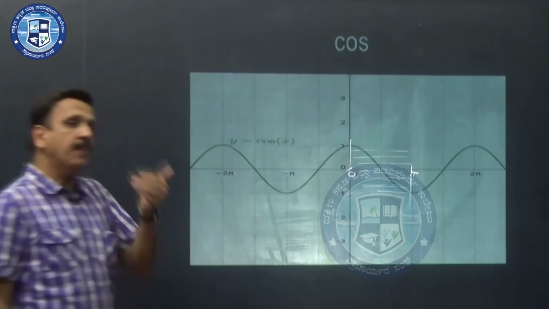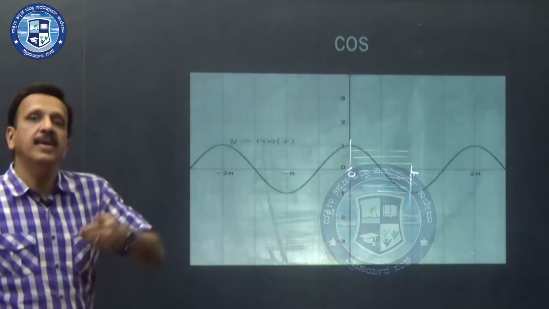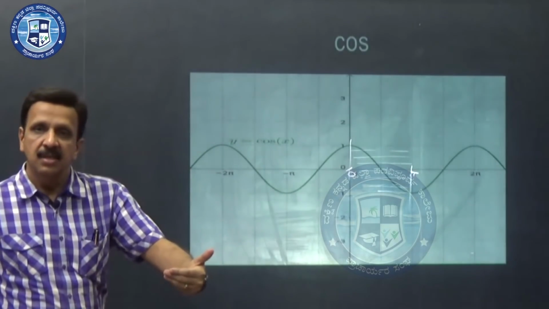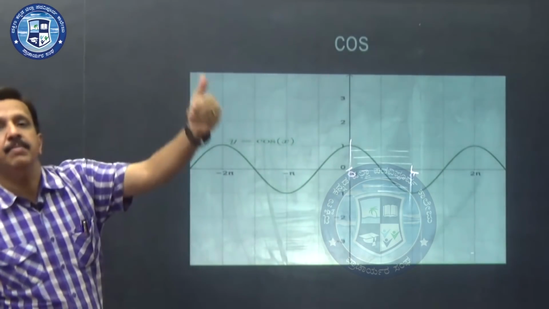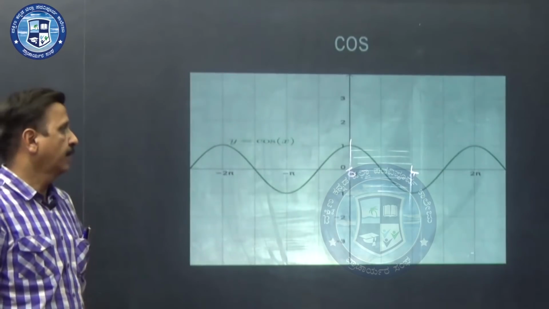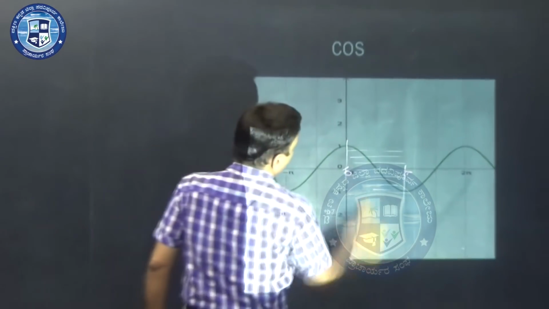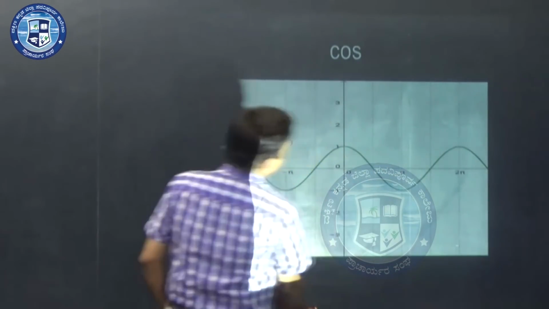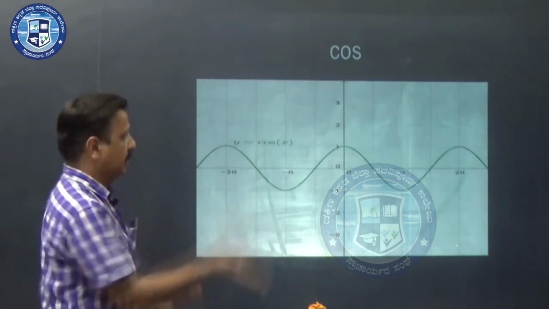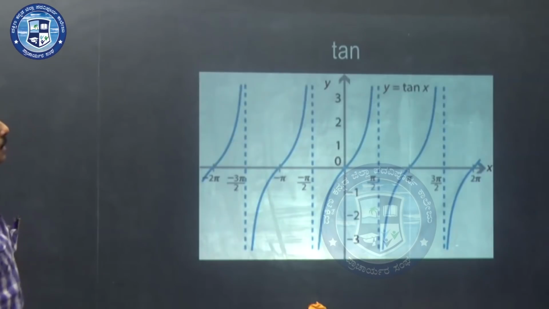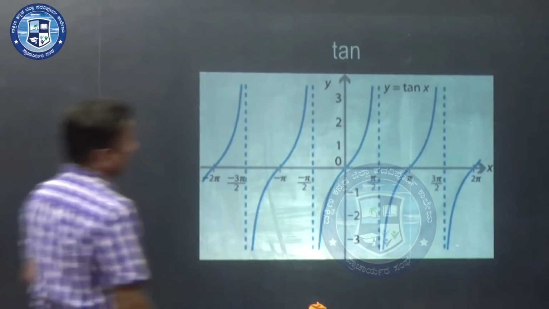That is why 0 to pi is selected. Before we discuss cos inverse, set A is between 0 to pi and set B is between minus 1 and plus 1. So, that is why cos inverse exists, and the range of cos inverse is between 0 to pi. Next, tan. Look at this.